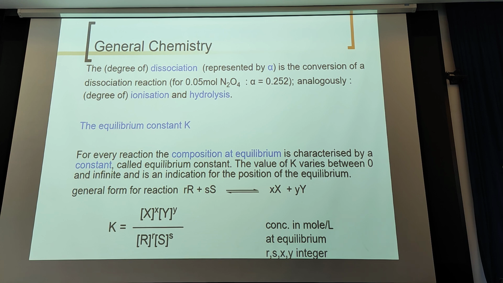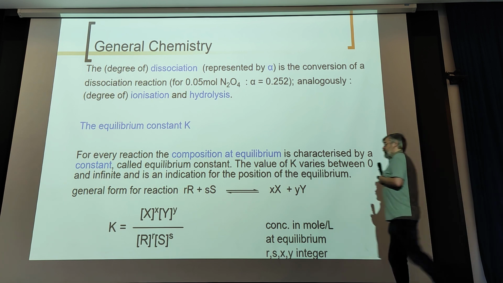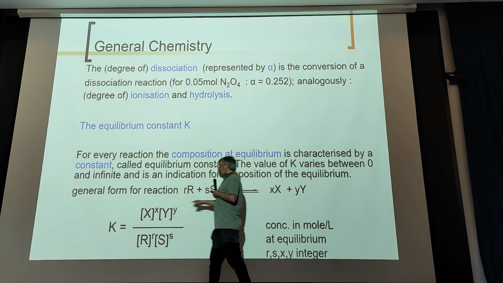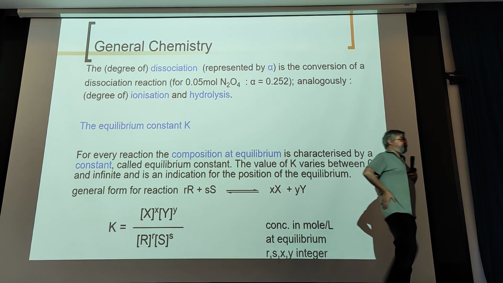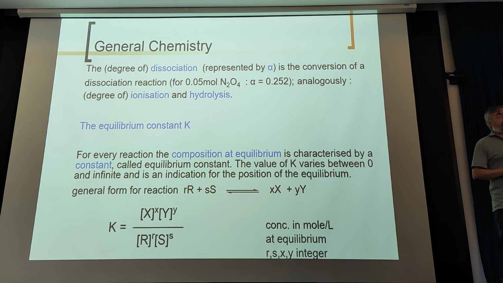Now K is actually a ratio of concentrations. In the upper part of the ratio are the products, and they have exponents, which are the coefficients of the products. These are divided by the concentrations of the reagents, and again, the exponent is the coefficient. So in many cases, the coefficient is 1, so we don't have to put anything.